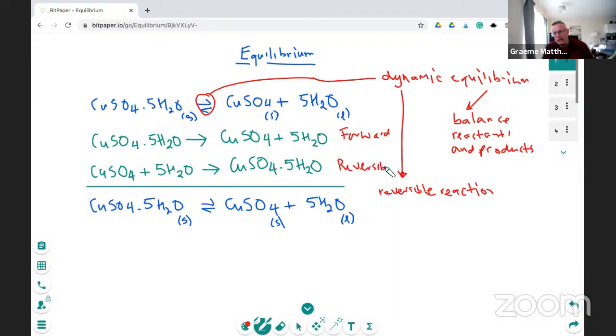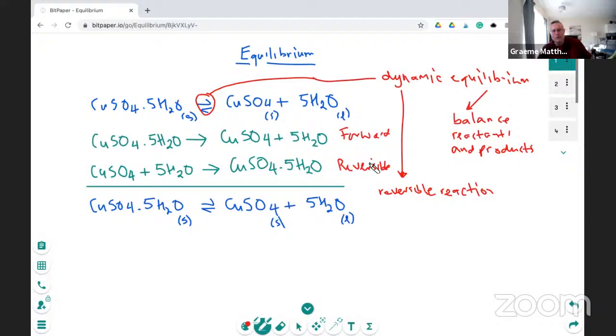So it isn't static. It isn't like all of a sudden it just stops. No, at equilibrium, there's copper sulfate pentahydrate going into copper sulfate and water, and copper sulfate and water going into copper sulfate pentahydrate. All right, so dynamic means that it's changing.